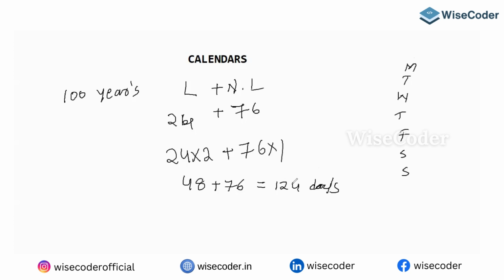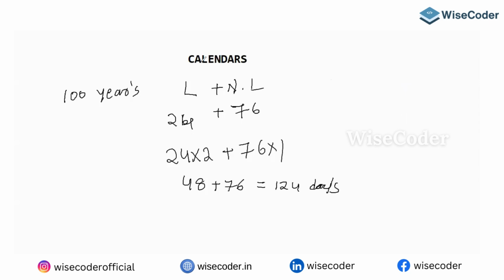If I say 124 odd days, which day is the 124th day? I don't know. So whenever you come across a number of days, you divide by 7 if you want to know which day. Why am I dividing by 7?